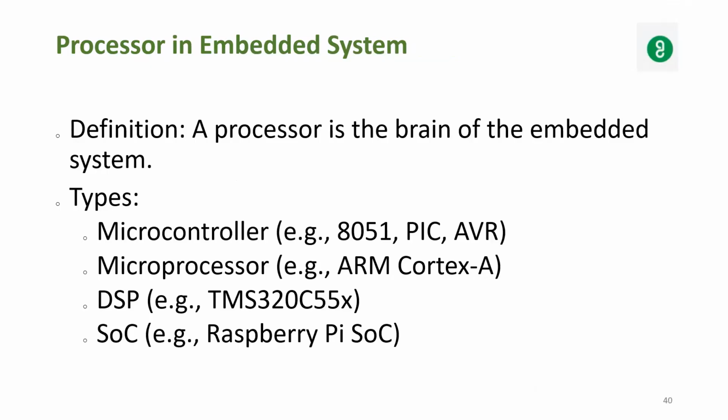Processor in embedded systems. A processor is the brain of the embedded system. The types of processor are microcontroller, microprocessor, DSP, and system on chip. In the case of microcontrollers, there are different simple microcontrollers available: 8051, PIC, AVR.